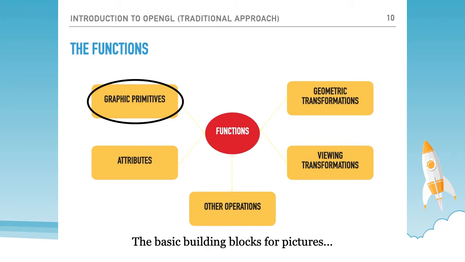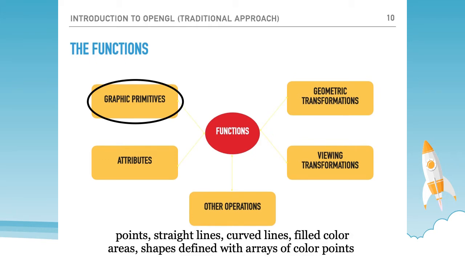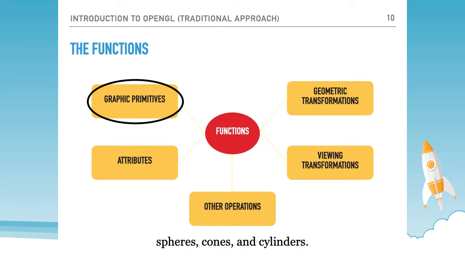They include character strings and geometric entities such as points, straight lines, curved lines, filled color areas, usually polygons, and shapes defined with arrays of color points. In addition, some graphics packages provide functions for displaying more complex shapes, such as spheres, cones, and cylinders. Routines for generating output primitives provide the basic tools for constructing pictures.